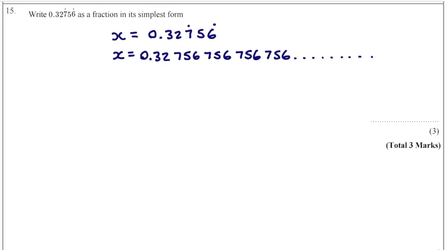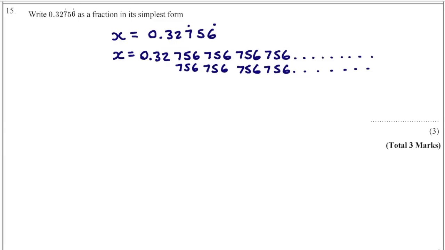In order to convert this into a fraction, I want to multiply this decimal by a multiple of 10, which will move each of the digits over to the left, so that when I subtract both of the decimals, these recurring 756s cancel each other out. So this needs to be 756, this needs to be 756, this needs to be 756, this needs to be 756.